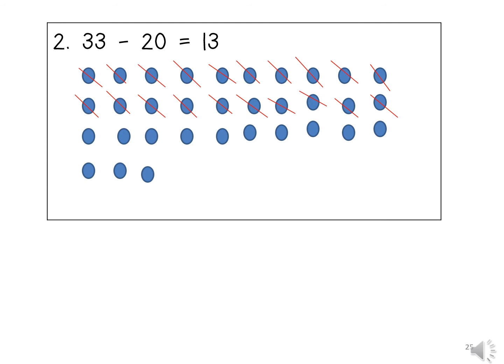Number 2. As you can see, I have done my workings in this block. Let's go through it. 33 minus 20 is equal to 13. Let's see how I have arrived at my answer. So I drew 33 circles.